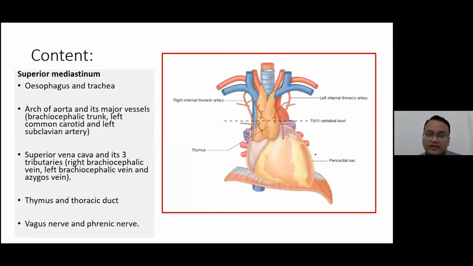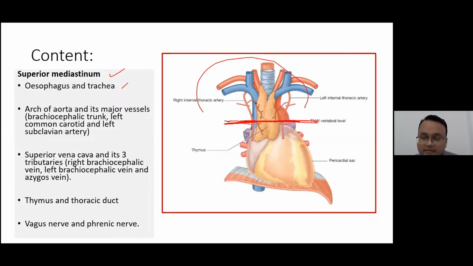Looking at this image, this will be the demarcation plane, the transverse thoracic plane. So what are the structures that lie superior to that? That will be the content of the superior mediastinum. We have the esophagus and the trachea, the arch of the aorta with its major branches, right?